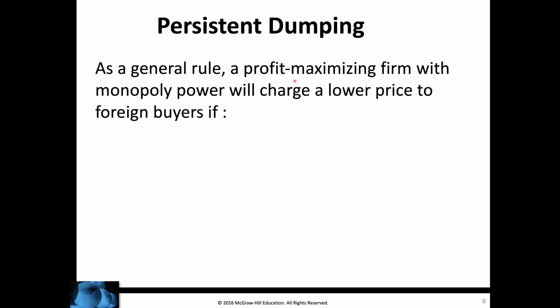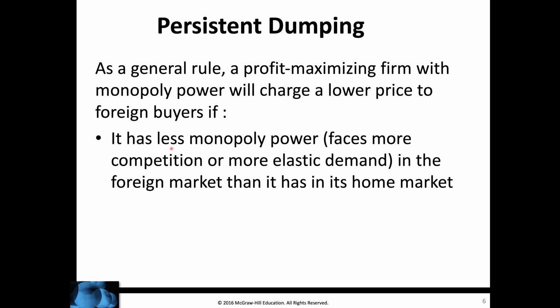As a general rule, a profit maximizing firm with monopoly power, and that's key, with monopoly power will charge a lower price to foreign buyers if it has less monopoly power in the foreign market than it has in its home market. So they have monopoly power in their home market, but not in the foreign market. So they might do persistent dumping in the foreign market.